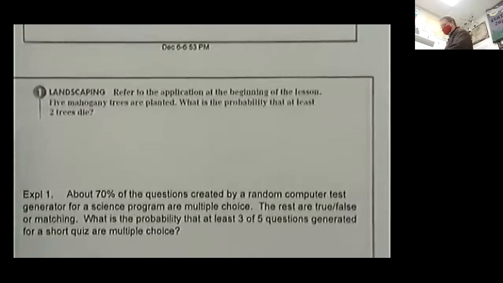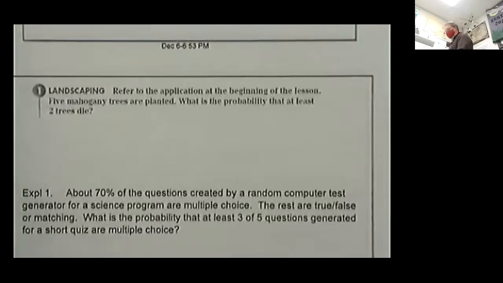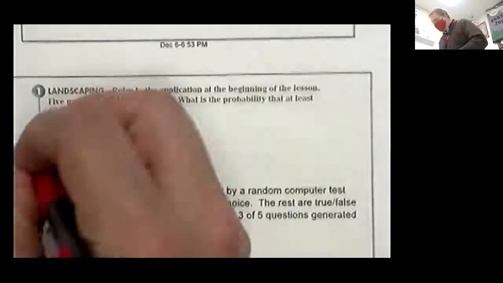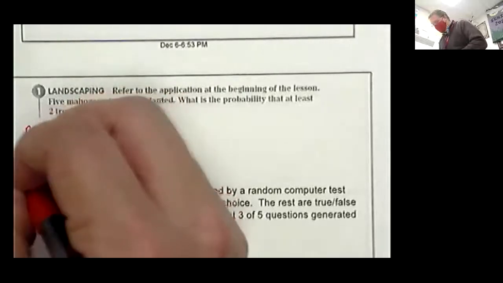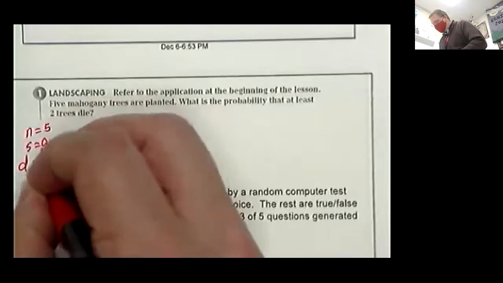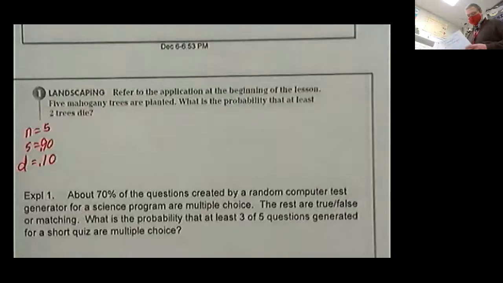Number 1, refer to the application, our story problem. 5 mahogany trees are planted. What's the probability that at least 2 trees die? So now what do we have? We have the same idea. N is now 5. Our success rate is still 90%. The probability a tree dies is 10%.